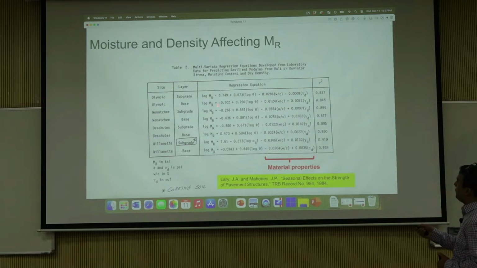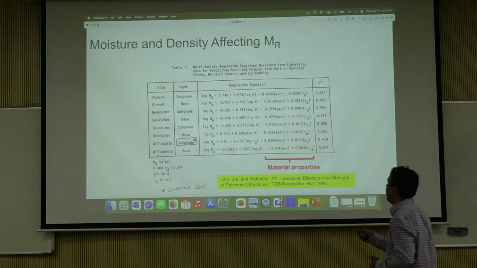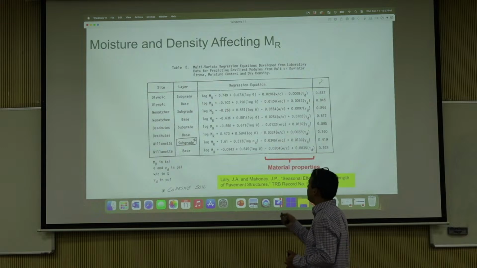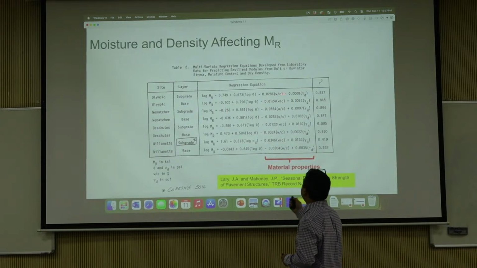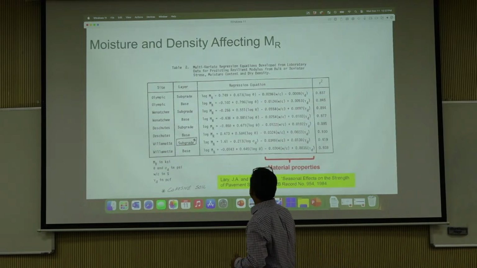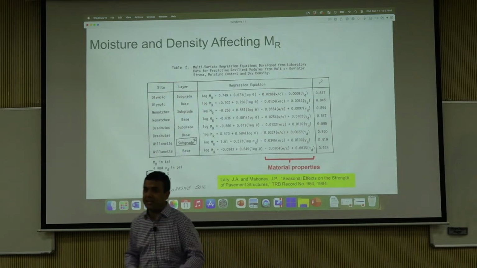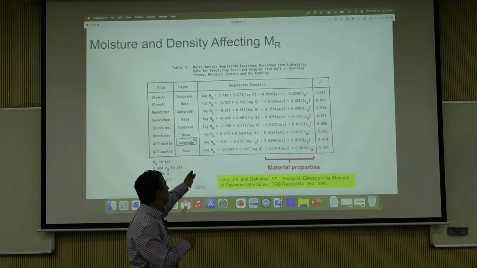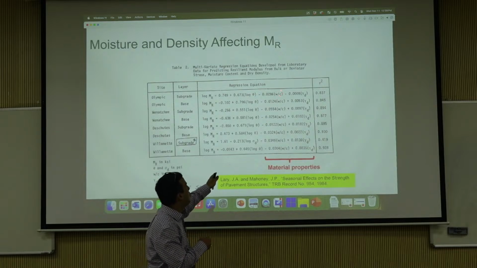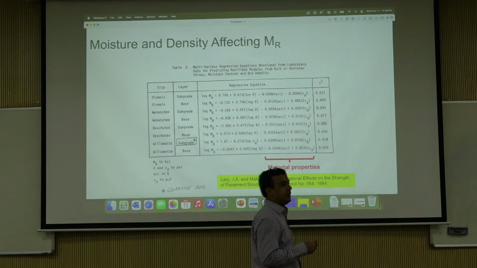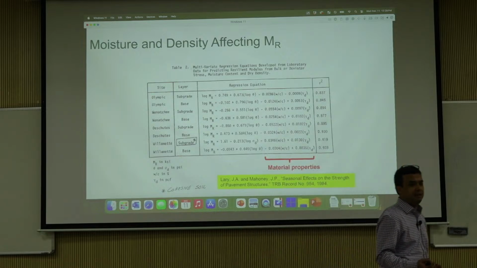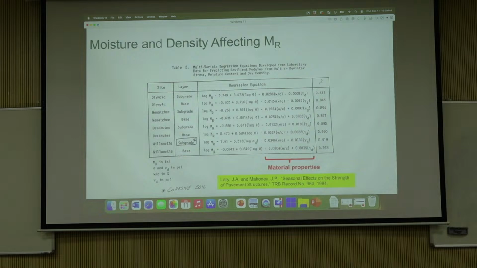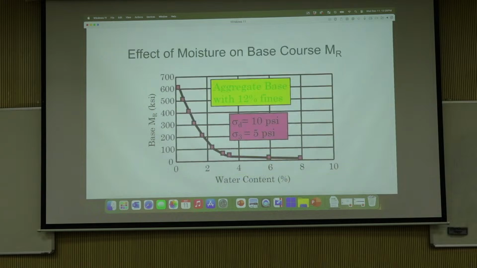These are extremely carefully developed empirical correlations. Yes, these are absolutely empirical, but they are now including water content and dry unit weight, whatever they have found. It's not really purely mechanistic, but there is also a theta effect and stuff.